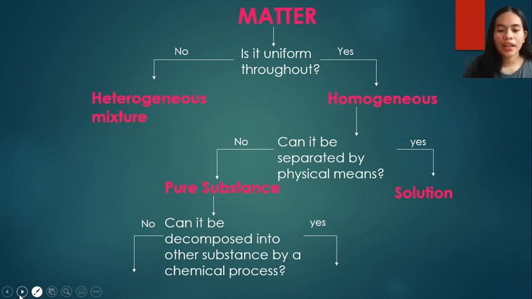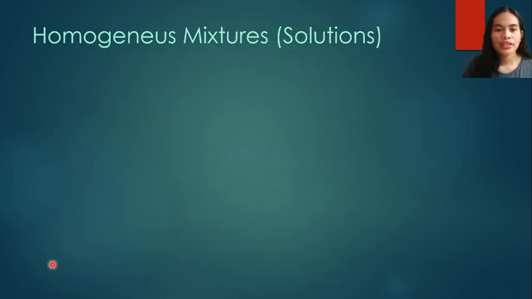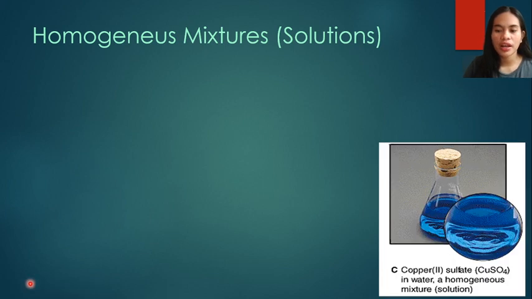Can it be decomposed into other substances by a chemical process? If no, then that is an element. If yes, then that is a compound. Now let's go to the homogeneous mixture, solution. We have here a solution of copper sulfate, CuSO4 in water.